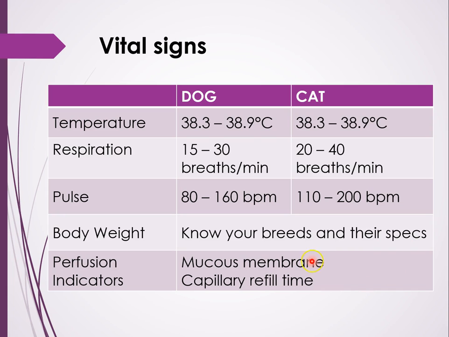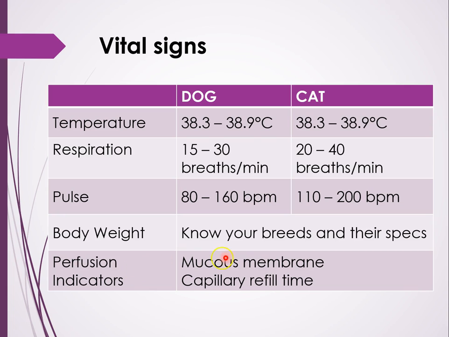So you have to know your breeds in order to actually know. And if you dig deeper, even temperature, respiration, and pulse, each breed will have their own normal range. But we're not going to dwell on that detail, because this is just a basic one. Okay.